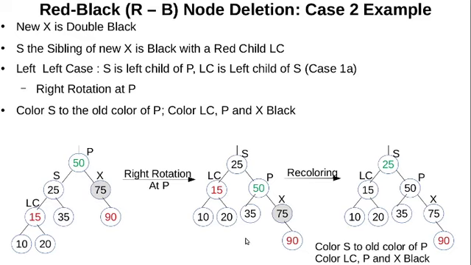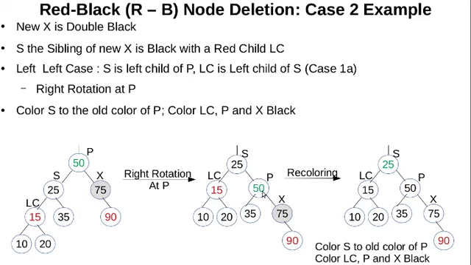After the rotation, we carry out the recoloring to remove double blackness at node X without violating other red-black tree properties. We color S with the old color of P. This ensures the same color of the subtree root as earlier, that is, before the rotation. As LC is taking the place of S after rotation, it is colored black.